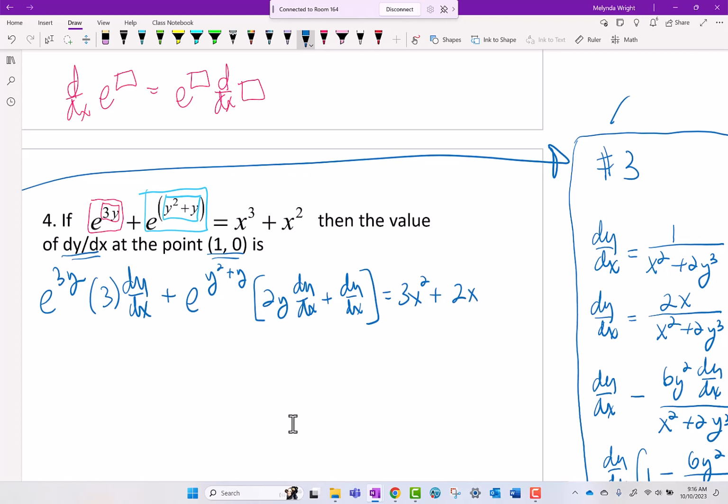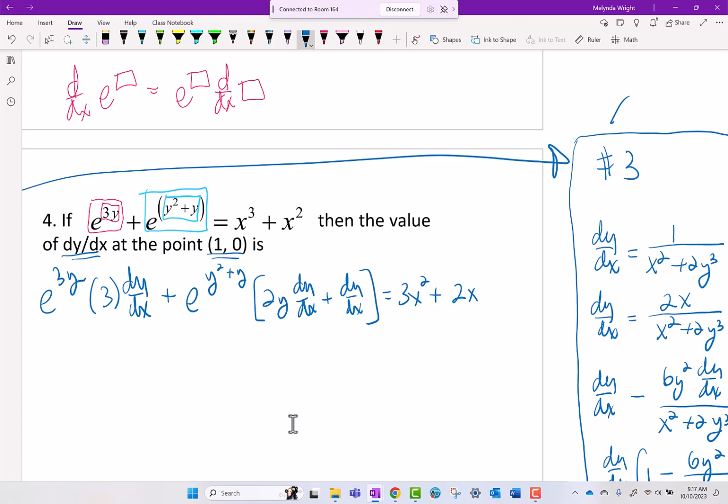Now, I would really love to just throw numbers into it right now, but there's 3 different dy dx's, and I'm not really too keen on trying to figure out what that is. So I'm actually going to do some algebra first. I'm going to get it cleaned up and get dy dx equals stuff, so then I can plug in. Y'all, does that make sense?